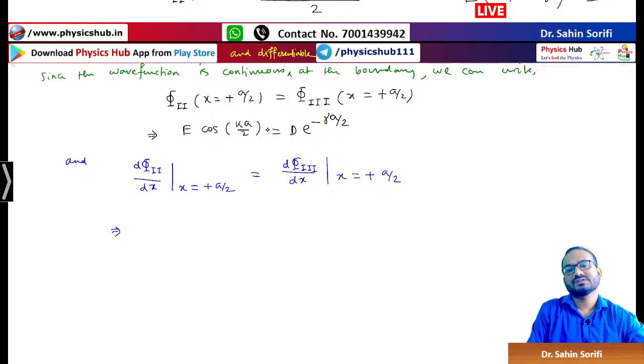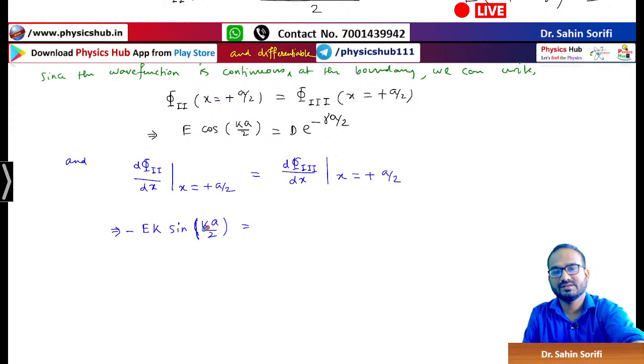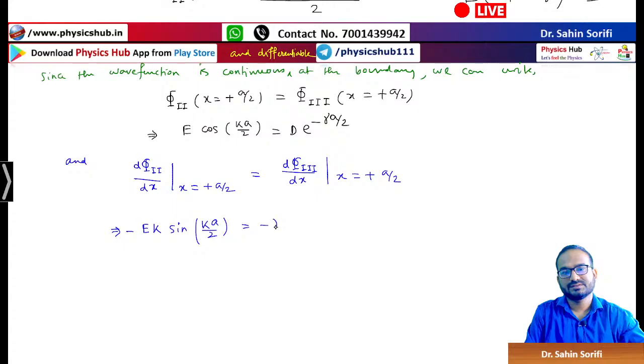The derivative of E cos kx is minus Ek sin kx at x equals a by 2. This is equal to the derivative of D e to the power minus gamma x, which is minus gamma D e to the power minus gamma x, at x equals a by 2. Let's call these equation number 1 and equation number 2.